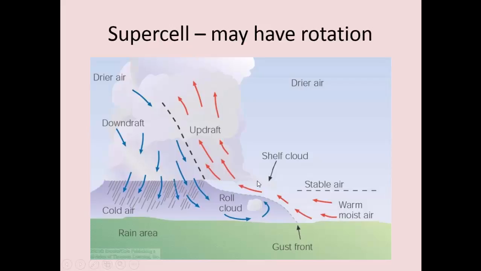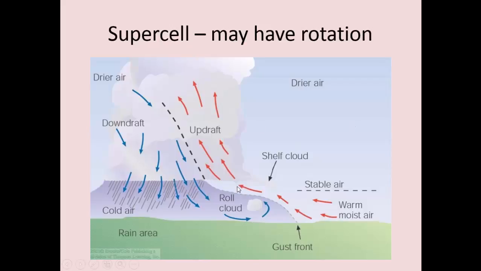So it doesn't get cut off from its source of warm, moist air as that cold front moves along. That's the difference between a thunderstorm that can develop into something quite severe, like a supercell, or just a convectional thunderstorm that will die off because it loses its source of warm, moist air.